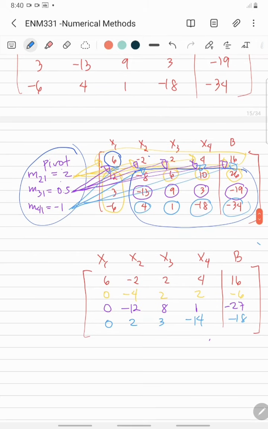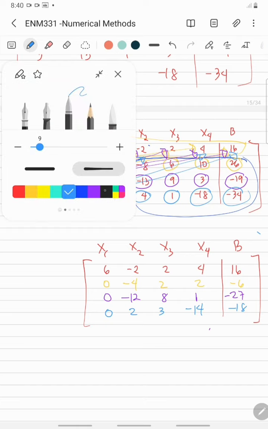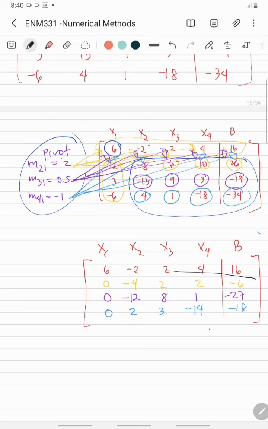Okay, so for the second pivot, we have here for our second row, and our pivot is equal to negative 4.